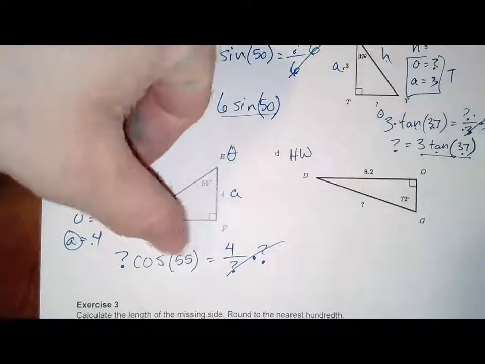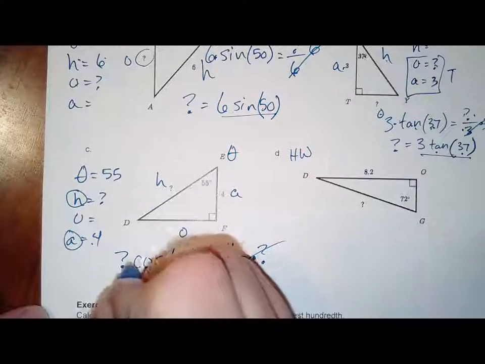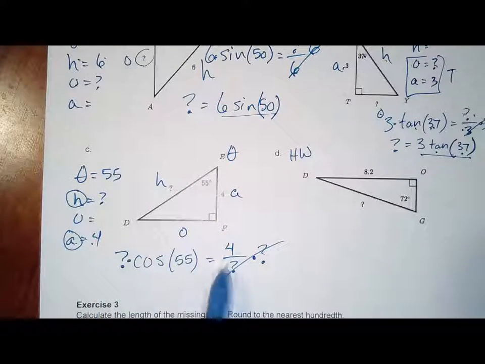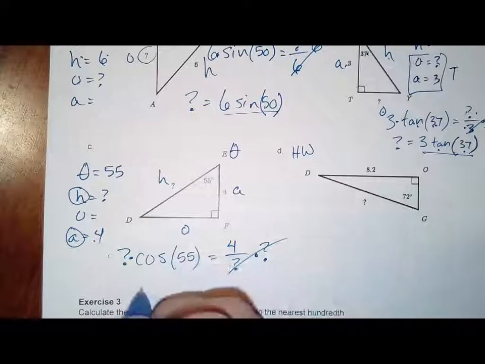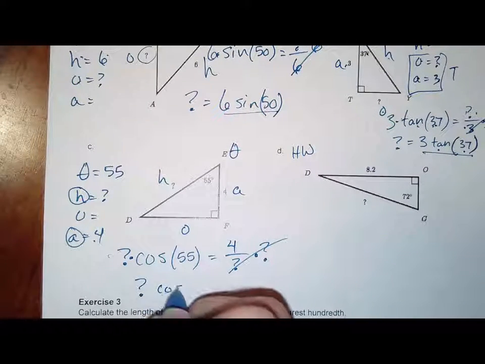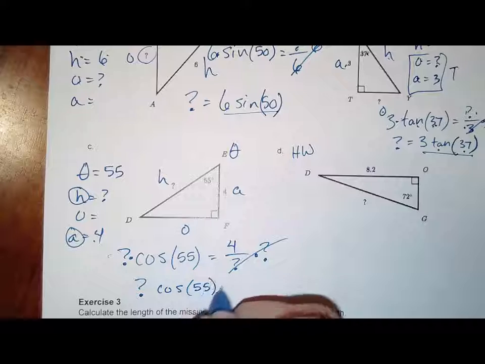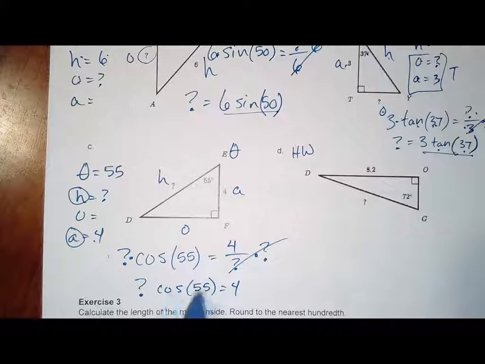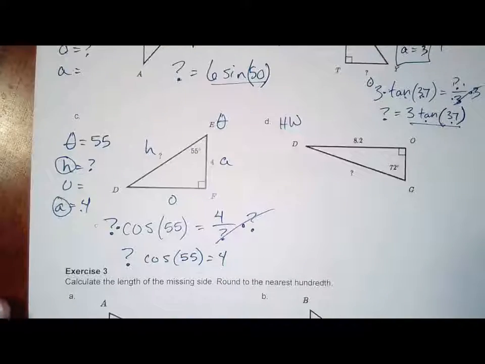But this time I have this cosine of 55, and it is multiplied by this unknown question mark side length. So if I rewrite, this is a number here, all of this. Not just the 55, but the fact that cosine is involved. When you go to your calculator, cosine of 55 is a decimal.